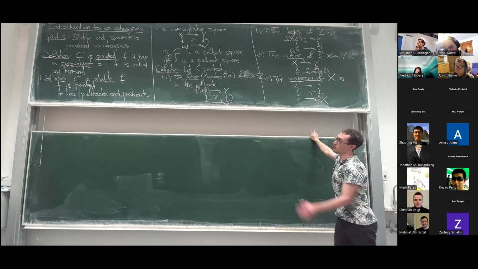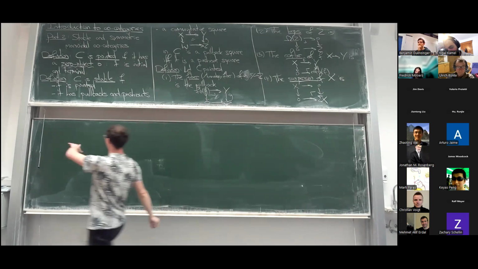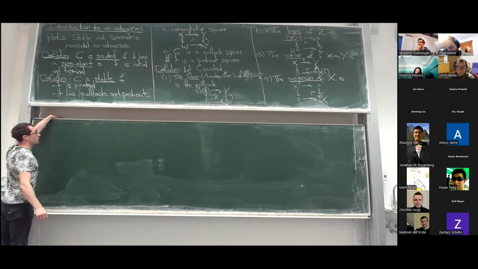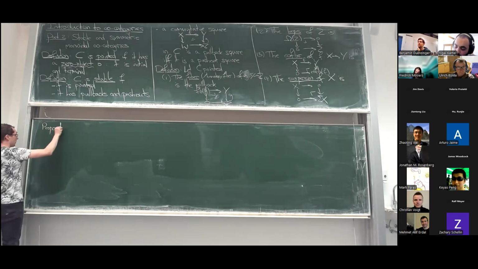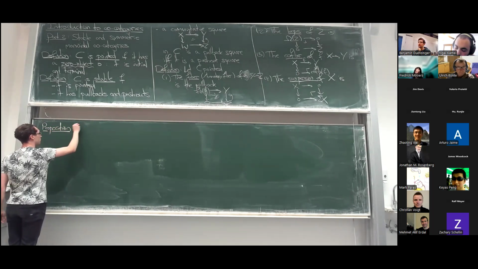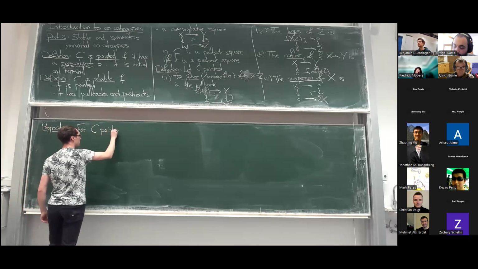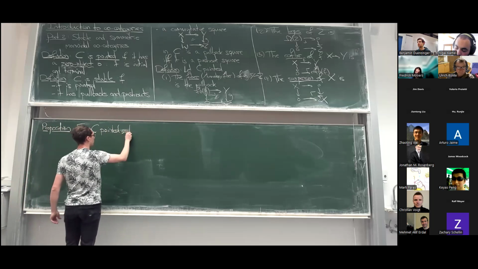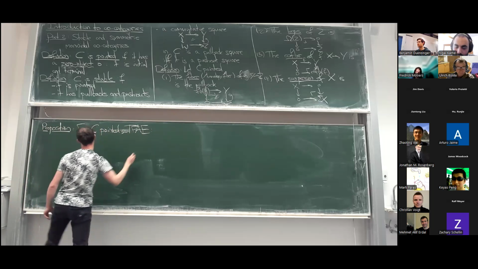Okay. So with this terminology, we can go back to the definition of stable, and I want to write down some equivalent characterizations of what it means for C to be stable. The proposition: if C is a pointed infinity category, the following statements are equivalent.